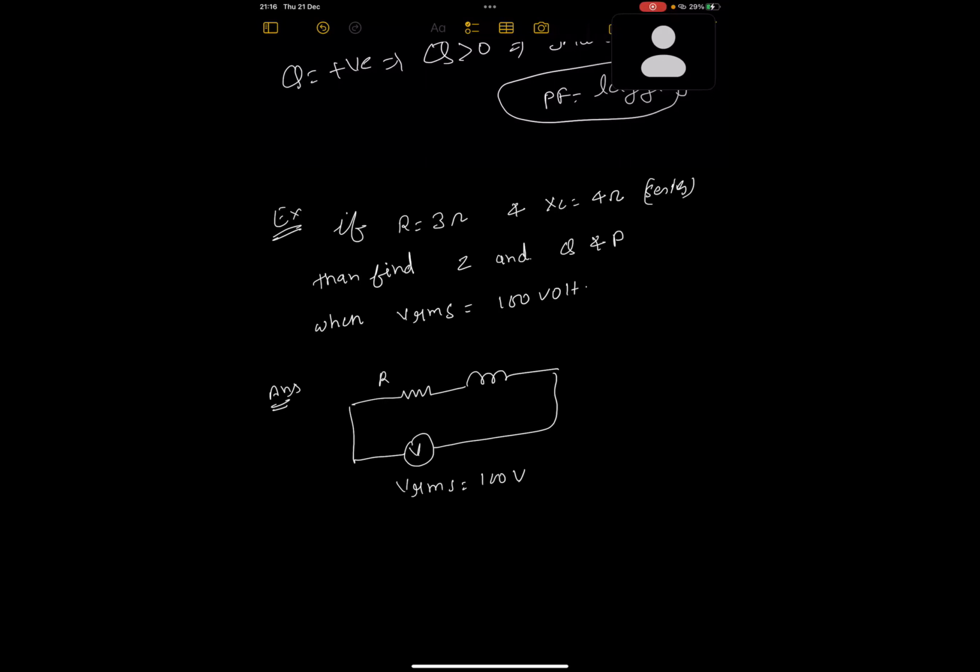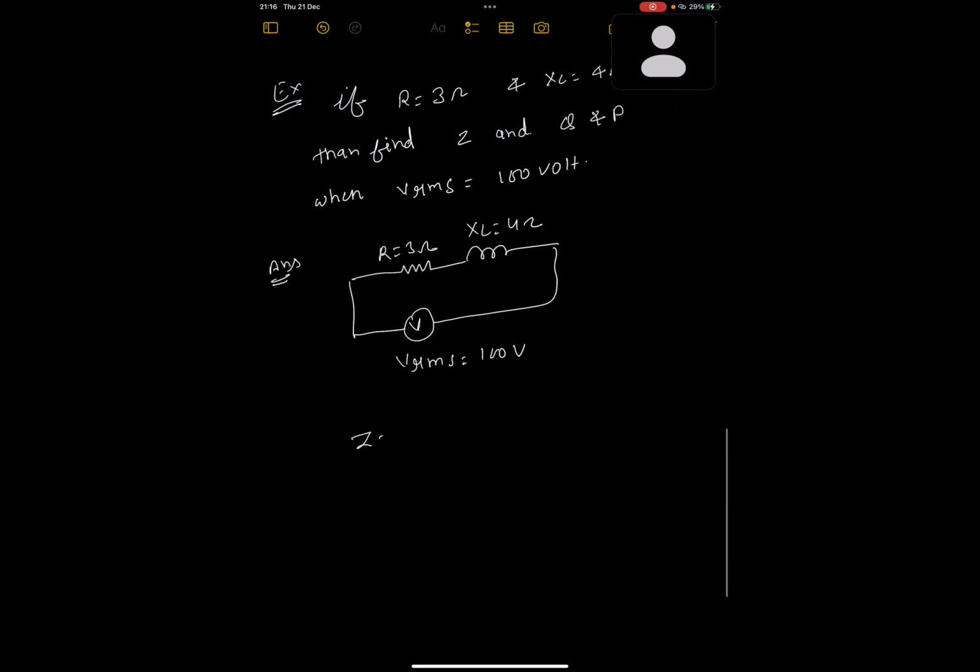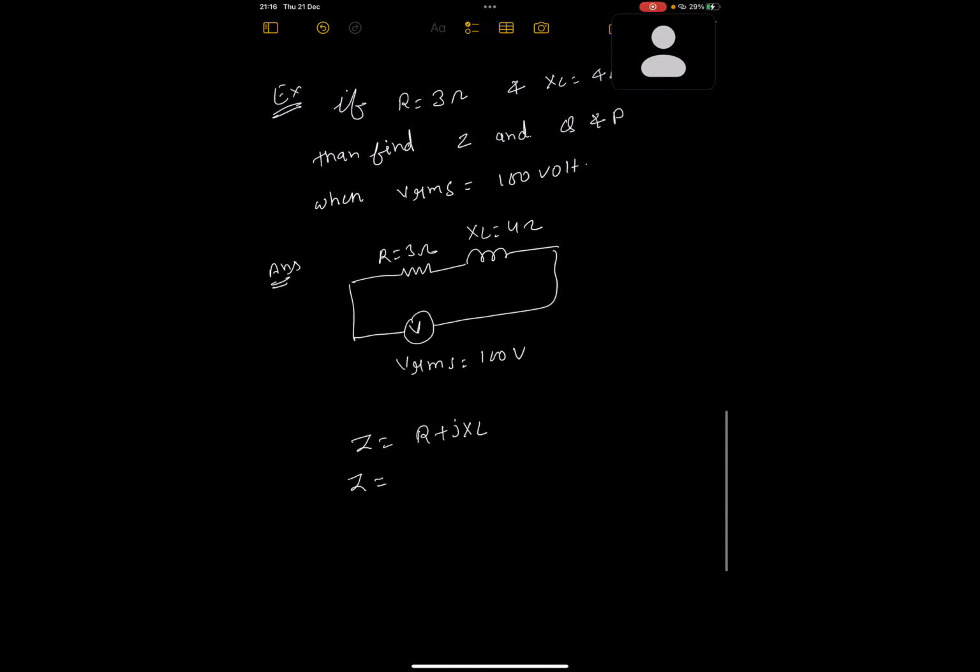R is 3 ohm. XL equal to 4 given. Then you know Z equal to series, that's why R plus JXL. Put the value of R, 3 plus 4J. This one is your Z impedance.